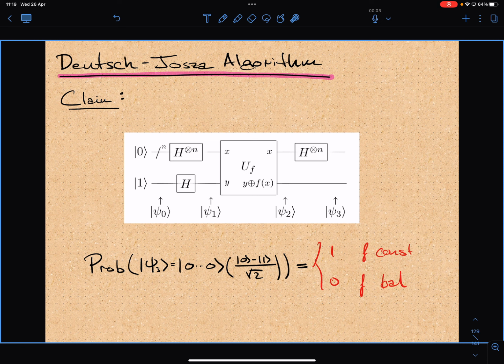To explain this quantum circuit a little bit more, these are n qubits.